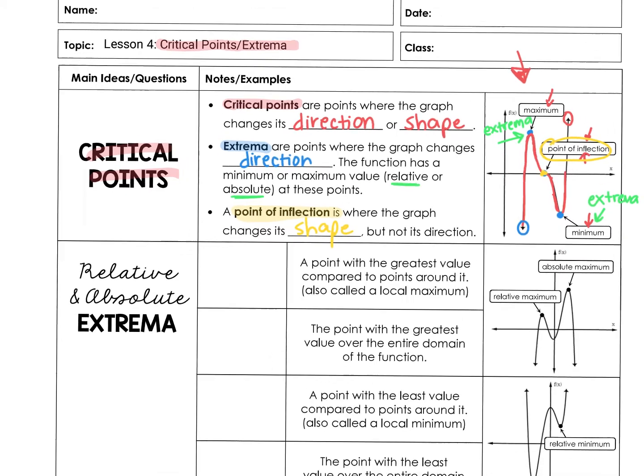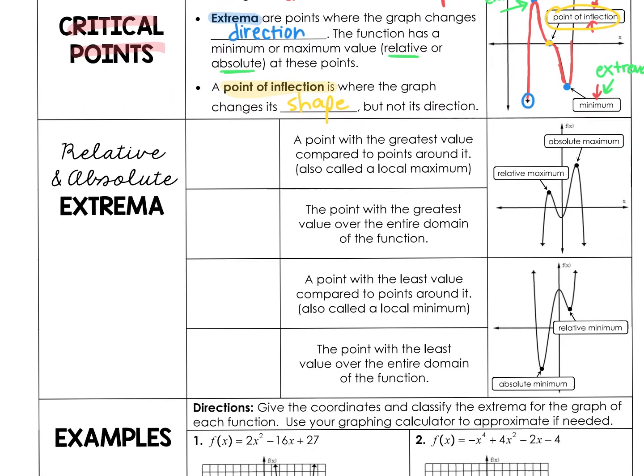Okay, let's look at the different kinds of extrema. We could have relative extrema, or we could have absolute extrema. So let's look here at this first one. It says a point with the greatest value compared to the points around it, also called a local maximum. This is what we call a relative maximum.